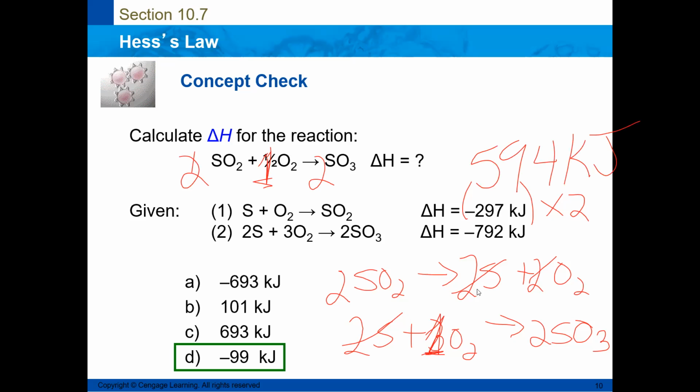And adding these two together, so it's negative 72, so you say plus negative 792, right? That gives us exactly negative 198. See, something's wrong. Still something wrong, which is what I don't like.